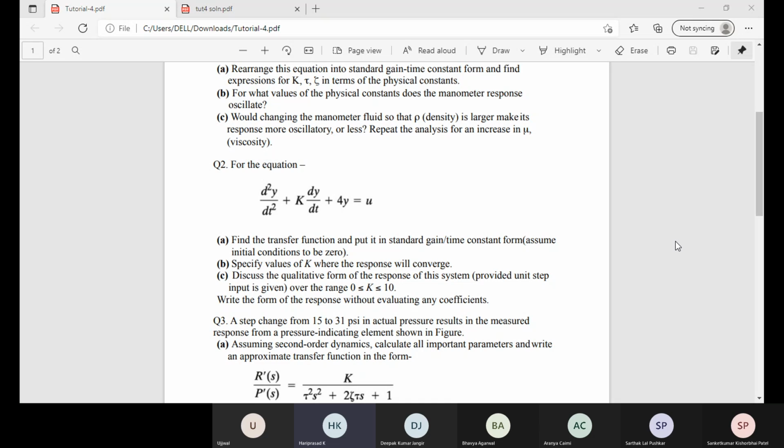Qualitative in the sense of whether you have an over damped, under damped, or critically damped system, by looking at the range. So what do you mean by the response would converge?